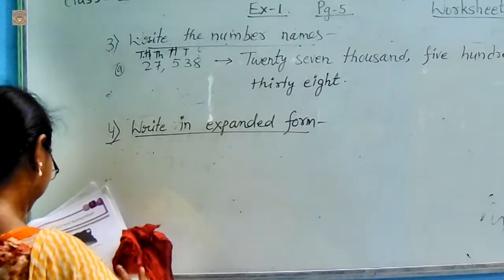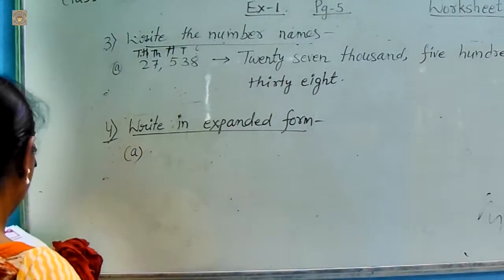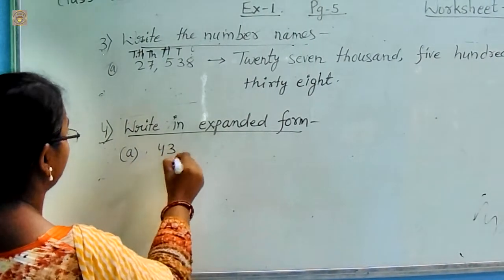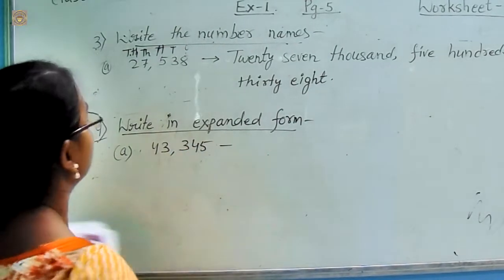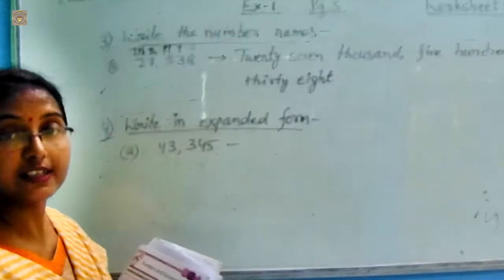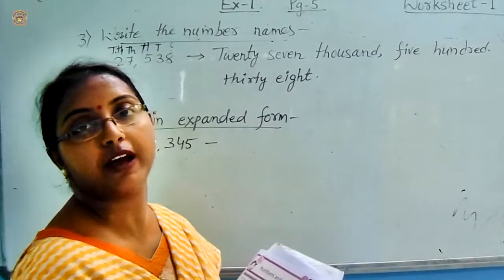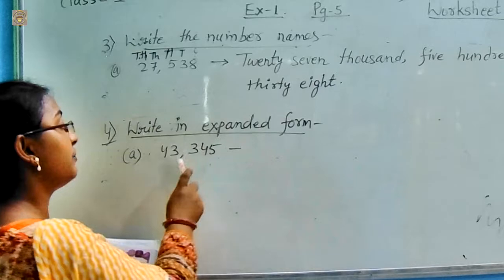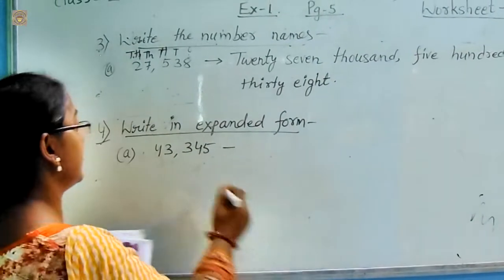So, take one example, question number A, 43,345. Then, what will we do? Yes, we will put in sequential manner and put zeros for the remaining portions.